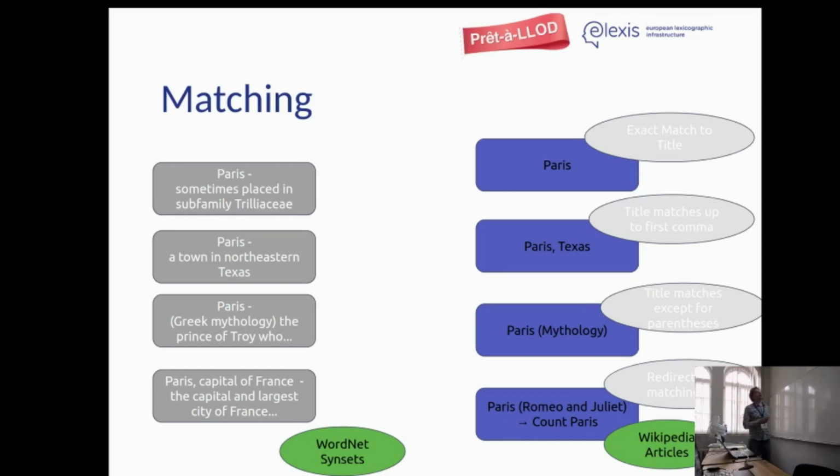On the Wikipedia side, we have a page called Paris, about the French capital. There's a page called Paris, Texas. There's a page called Paris, mythology. And if you type in Paris, brackets, Romeo and Juliet, it will redirect you to a page called Count Paris. These are different Wikipedia pages, and what we'd like to do is create some kind of linking here. We know Paris, Texas is certainly this one, this mythology one is this one, and this one probably doesn't link to anyone here.